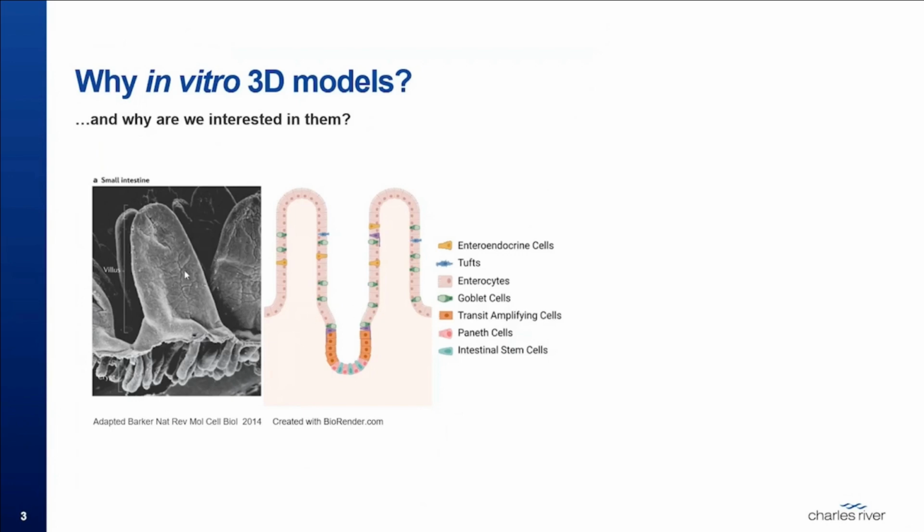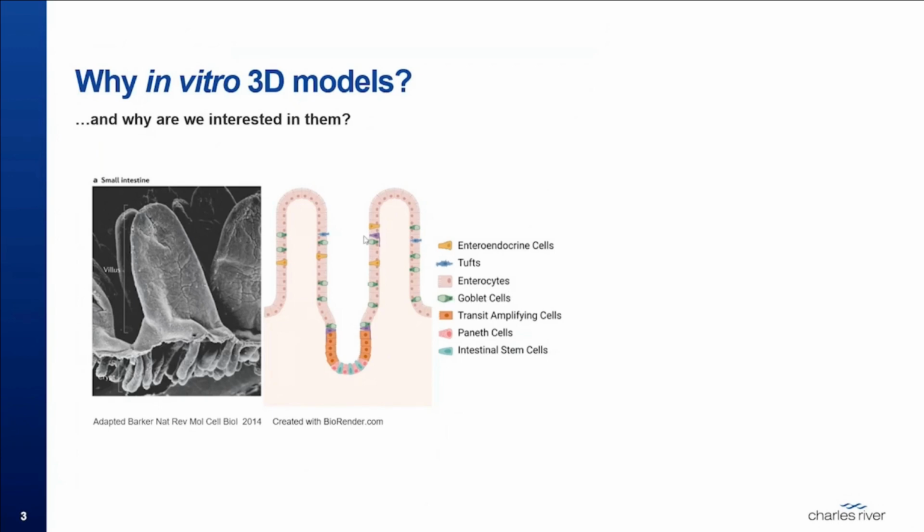And here in this scanning electron microscopy image, you can see the villi that protrude in the lumen of the intestine. And then at the bottom, we have these small invaginations, also called crypts. The work of others, including Hans Clevers, has shown that at the bottom of the crypts is where the adult stem cells reside. These cells, supported by Paneth cells, basically divide, and as they access the villi, differentiate into all these different epithelial lineages.